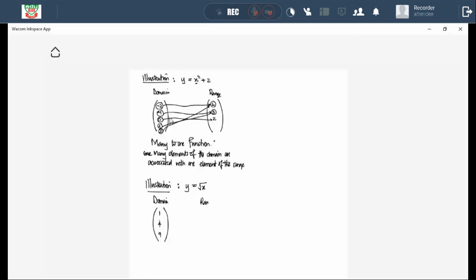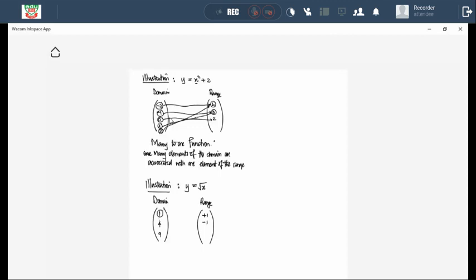What about your range? There is my range. Substitute 1 into the square root of x. It means it's going to give you plus or minus 1 as an output.